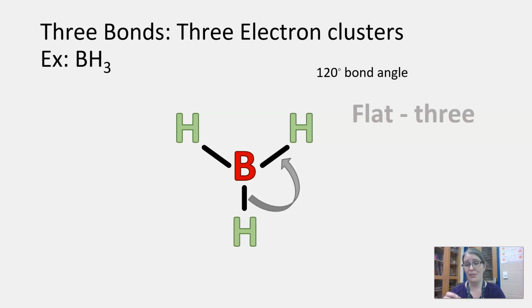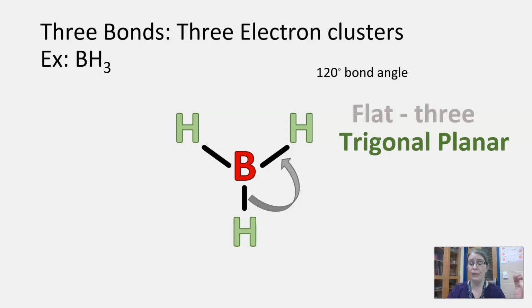That means I need a name that's going to tell me these 2 pieces of information, that this is flat and that there are 3 of them. Well, something is flat when it's in a plane, and so the name for this is trigonal planar. 3 trigonal planar flat. And yes, you do have to have both words. You can't just use trigonal or planar. It has to be trigonal, planar, both words.